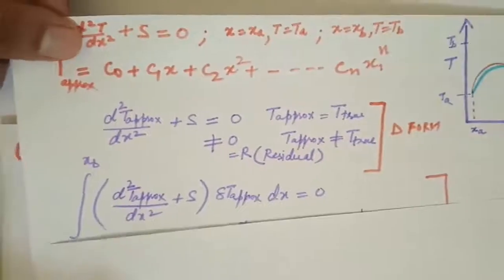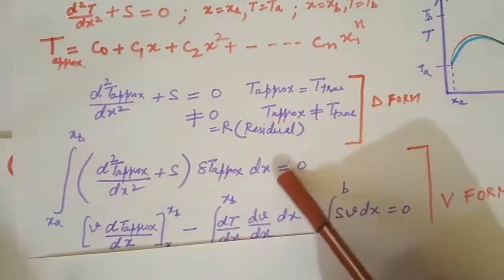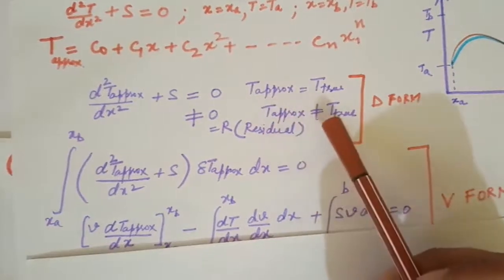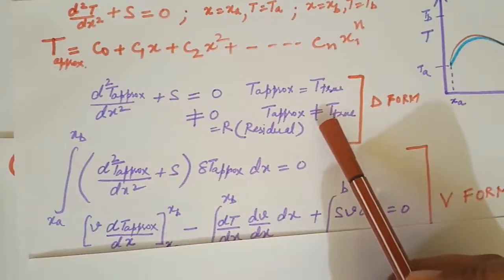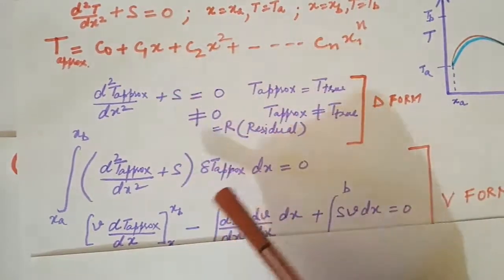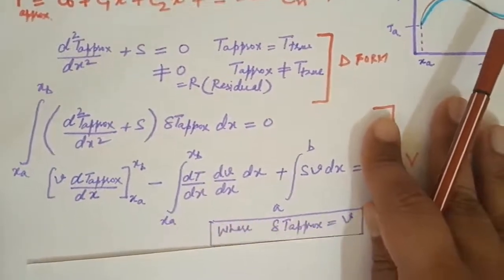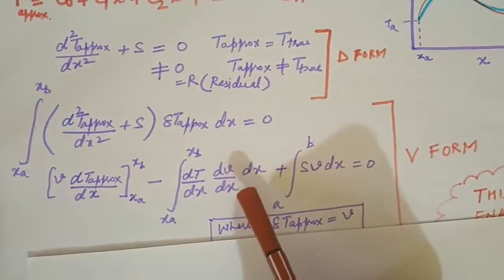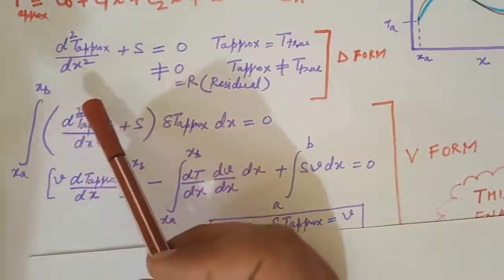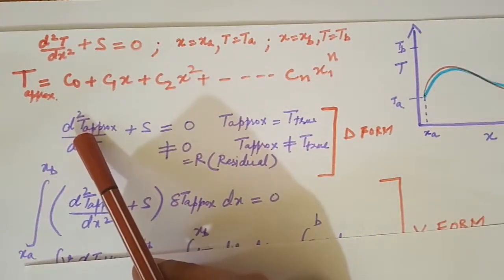Now the second route is through V form. As we have noted, if this is in the D form and the approximating function is not equal to the true function, then we don't have any kind of approximate solution to this differential equation. Then what we do is convert this D form into a form called V form, which actually decreases the requirement on this dependent variable T. As you can see, in D form, the temperature needs to be differentiable up till second order.